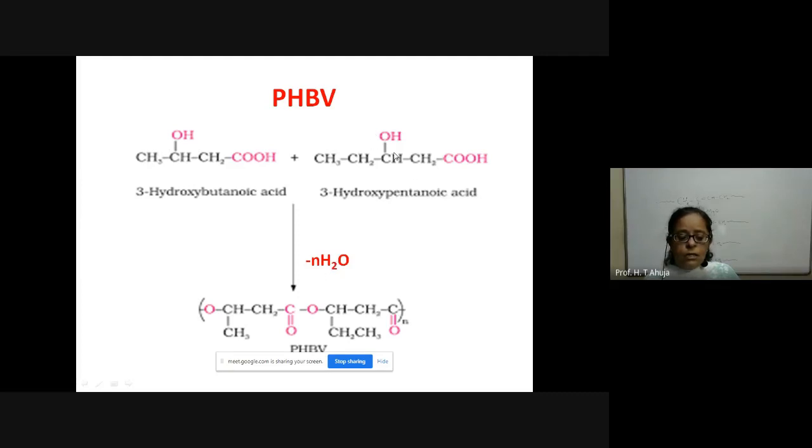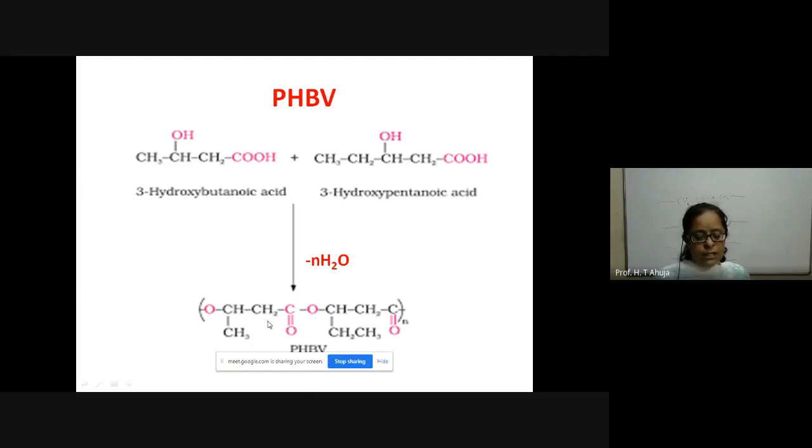The hydroxyl group of beta hydroxy valeric acid and the carboxylic group of beta hydroxy butyric acid join together with the liberation of a water molecule, and I have the formation of PHBV.